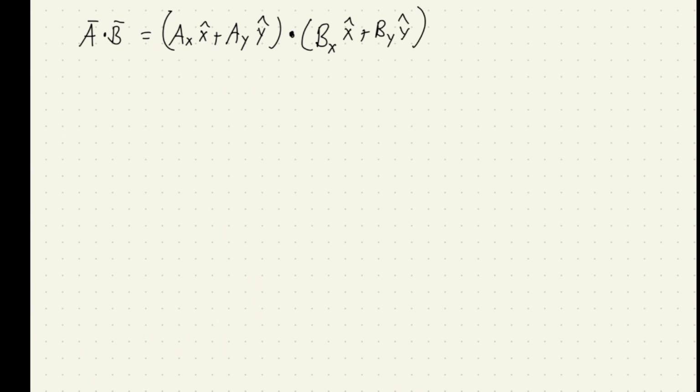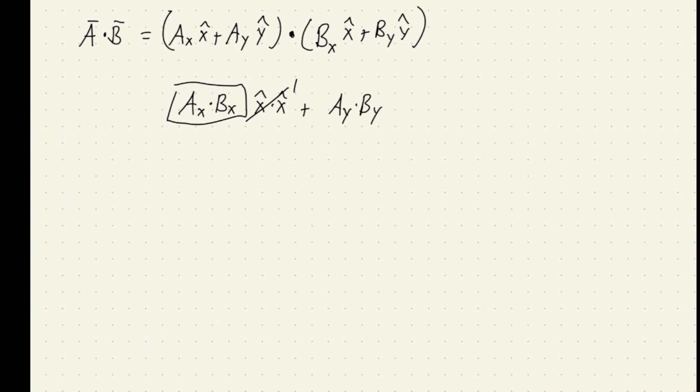So this says multiply my X stuff together, which means I would get AX times BX, and these are scalars, so this is just a regular multiplication that we're familiar with doing. But then what I have is X hat dotted into X hat, which is 1. And again, no direction. So my direction stuff, when it dots into itself, either becomes 0 or 1. Then I look at my Y component stuff, which would be AY times BY.